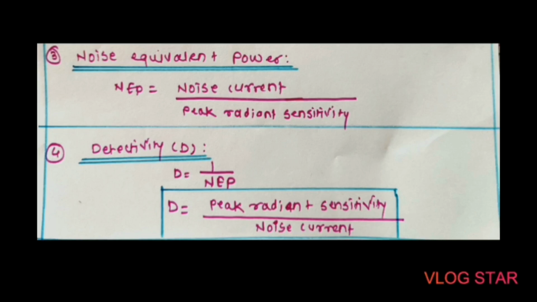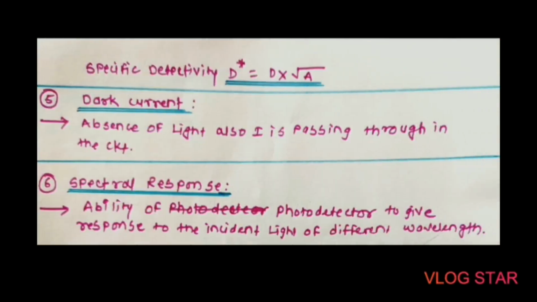So we can write detectivity is equal to 1 upon NEP, and NEP is equal to noise current divided by peak radiant sensitivity. So we just have to reverse the value of NEP, and that is your detectivity. When this detectivity is multiplied by the square root of the photoconductor area, it is called specific detectivity, which is denoted as D star.